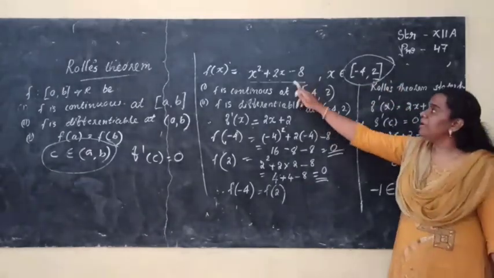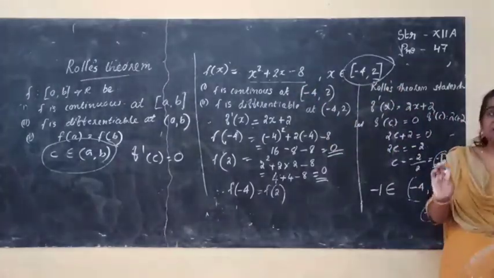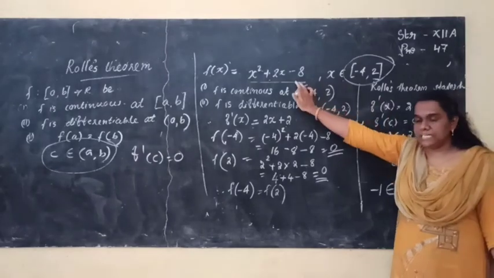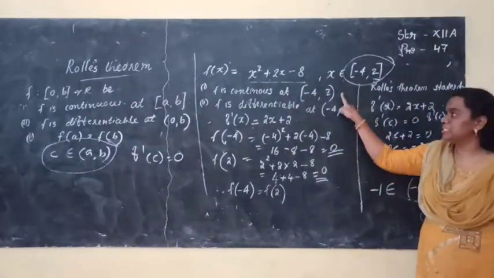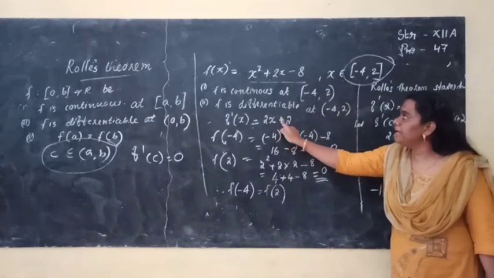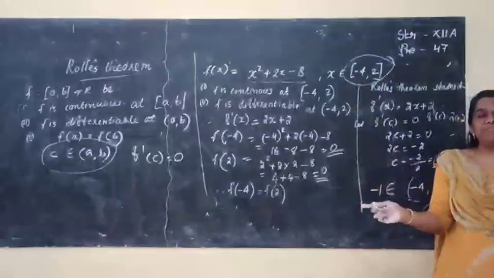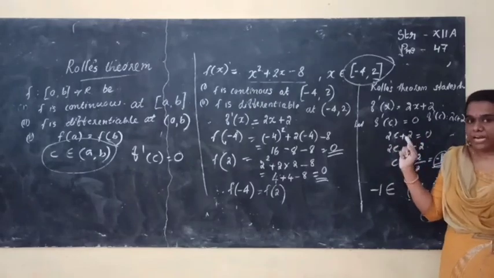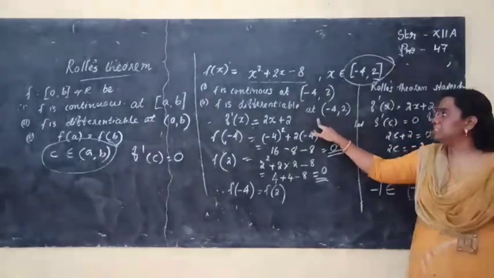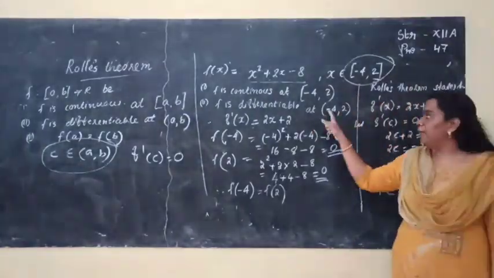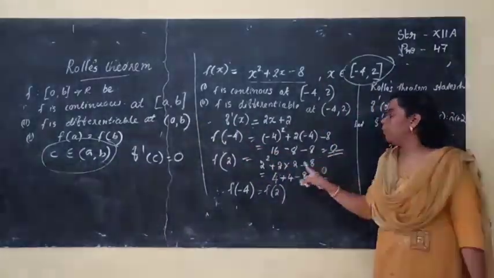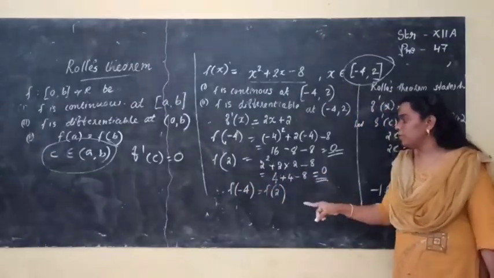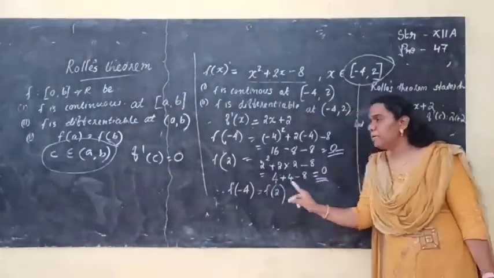We know that x square plus 2x minus 8 is a continuous function since it is a polynomial function. All polynomial functions are continuous functions. And we can find the derivative of this, so it is differentiable on the open interval (-4, 2). And we found f of minus 4 is 0 and f of 2 is also 0. Then f of minus 4 is equal to f of 2.